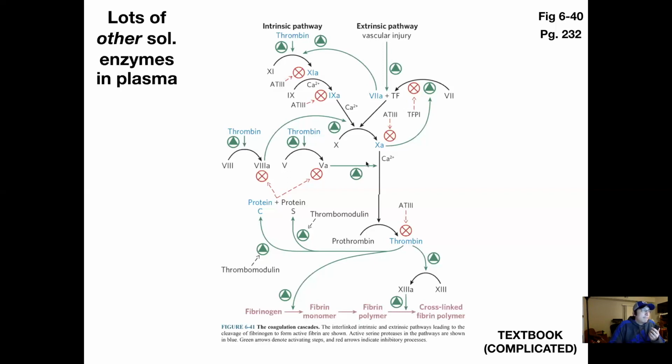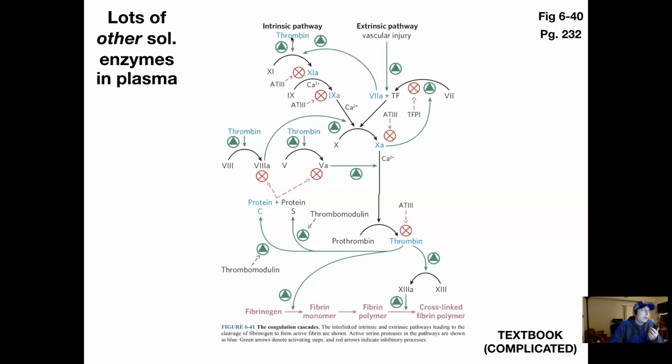The inhibition of this pathway is indicated in these red X's here. AT3 stands for antithrombin 3. Thrombin is, I believe, a serine protease. And all of these other blue proteases, I believe, are related to thrombin.